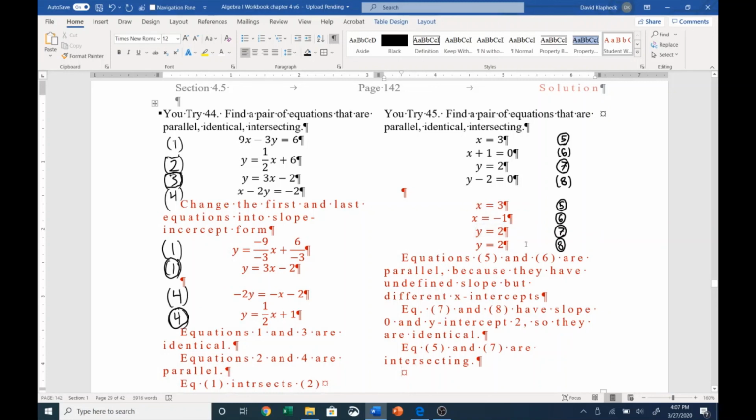Equations 7 and 8 were identical. They are horizontal lines that have intercepts of y equals 2. We could find two lines that intersect each other, such as 5 and 7, or 5 and 8, or maybe 6 and 7, or 6 and 8. Each of these are pairs of intersecting lines.